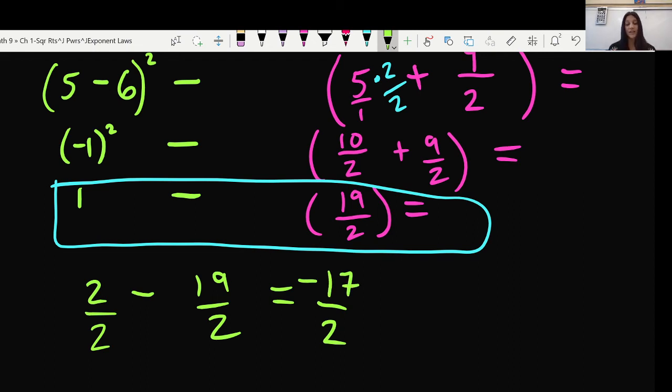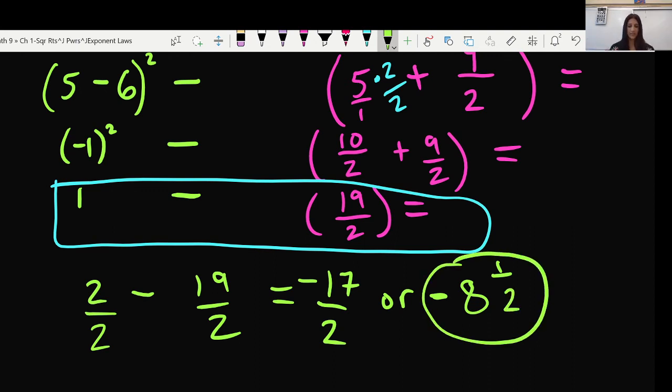That's our answer. We could leave it like that, or we can leave the negative there and say how many times does 2 go into 17? It would be 8 times, and I'd be left with 1. 8 times 2 is 16, so I'd be left with 1 to get to 17. I can change it to a mixed number and write it like this.